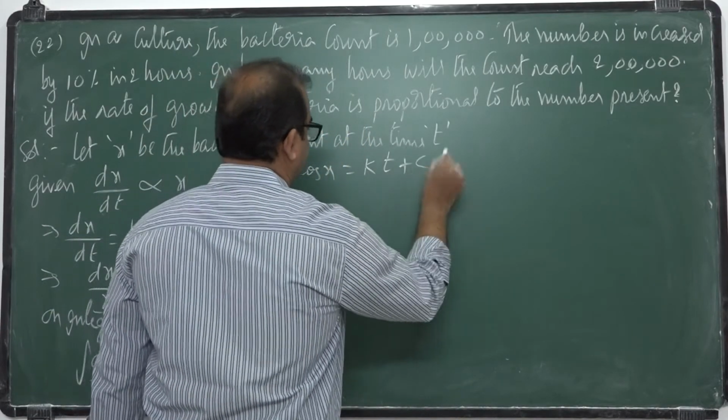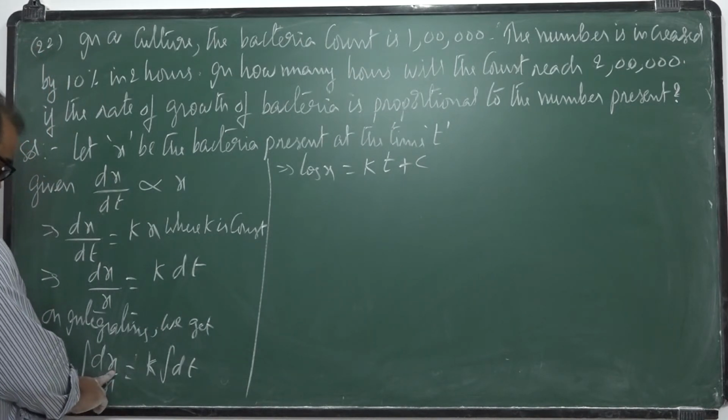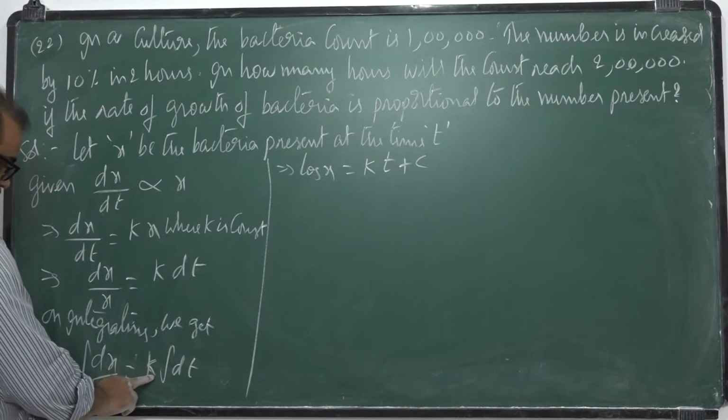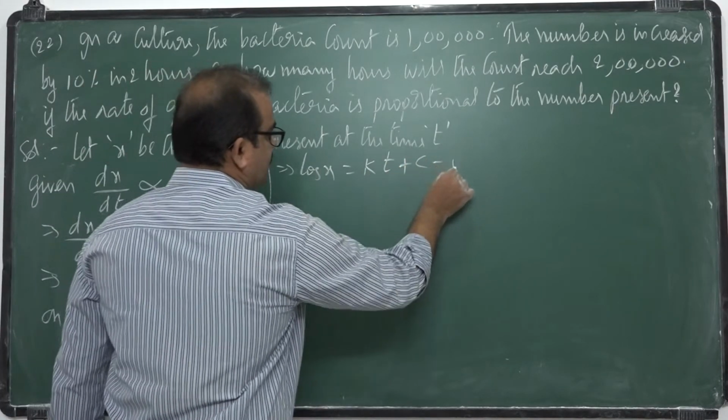Integral 1 by x dx is log x, k into integral 1 dt, that is t, plus c. Let it be equation 1.